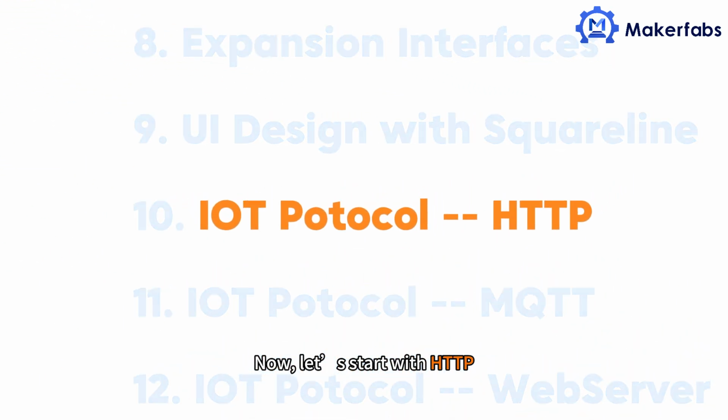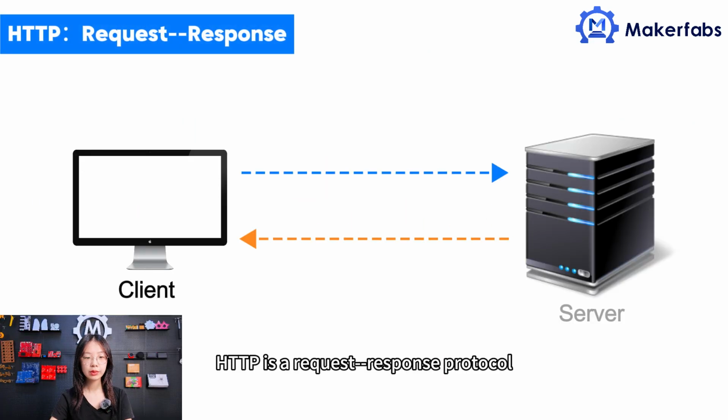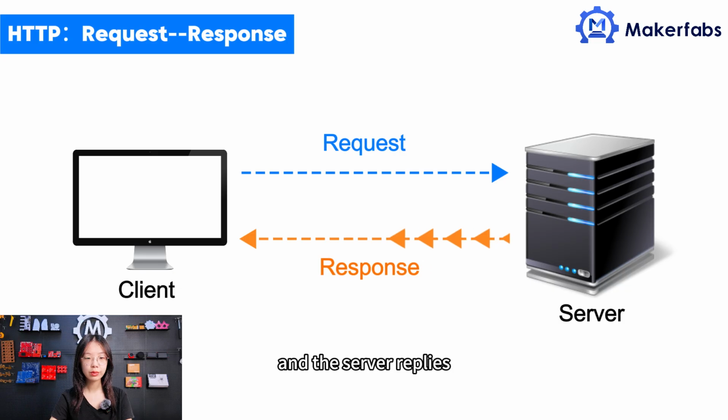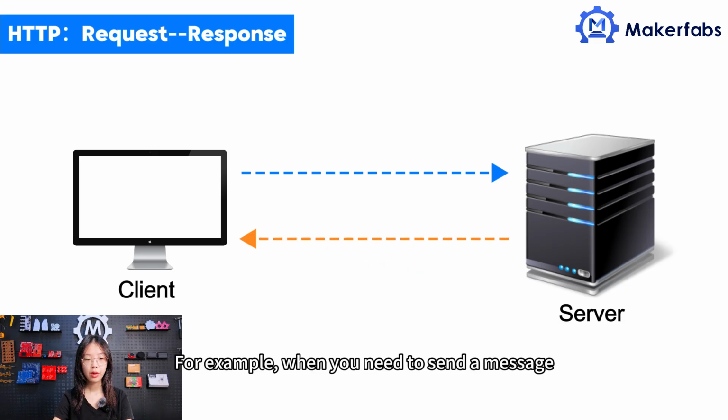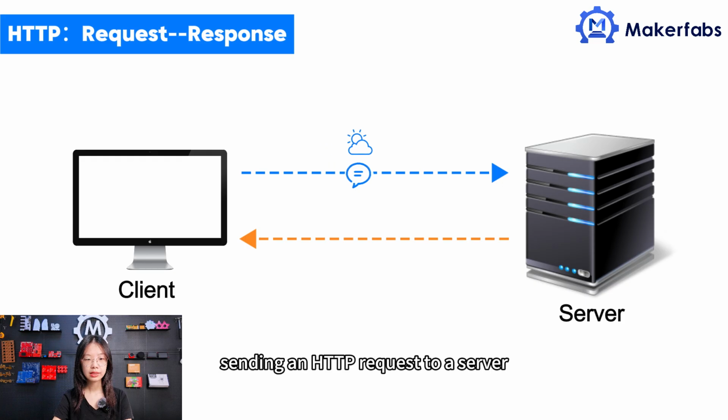Now, let's start with HTTP. HTTP is a request-response protocol in which the client sends a request to the server, and the server replies with a response based on that request. For example, when you need to send a message or request weather data, your device acts as the client, sending an HTTP request to a server.